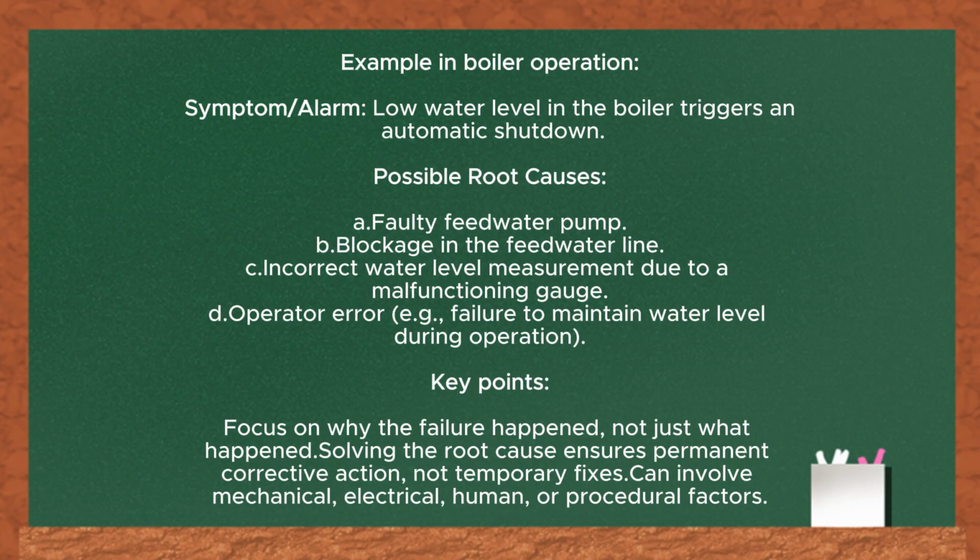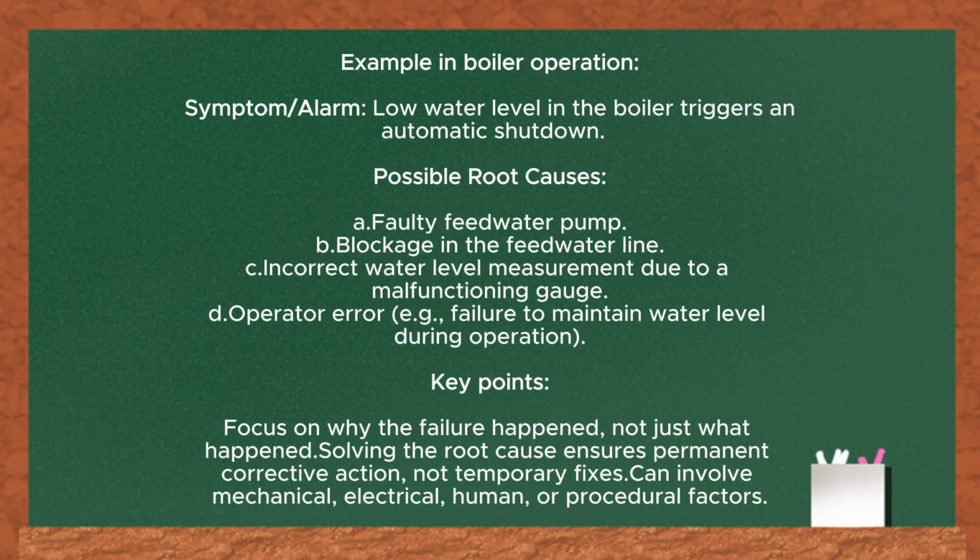Possible root causes. A. Faulty feed water pump. So, faulty feed water pump cannot supply enough water to the boiler, causing the water level to drop. B. Blockage in the feed water line.